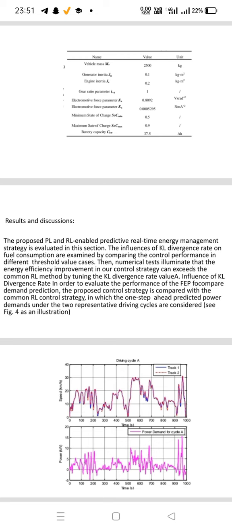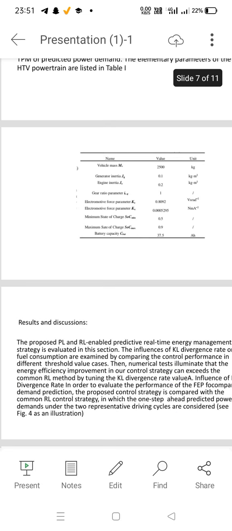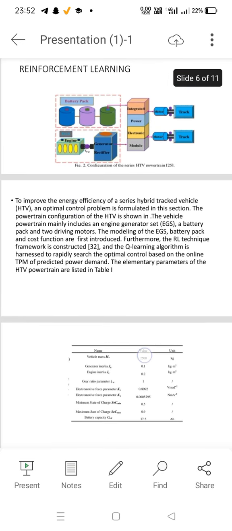Influence of KL divergence rate: in order to evaluate the performance of the FEP for power demand prediction, the proposed control strategy is compared with the common RL strategy, in which the one step ahead predicted power demands under the two representative driving cycles are considered to improve the energy efficiency of the hybrid electric tracked vehicle.